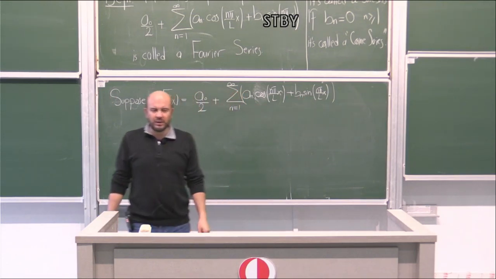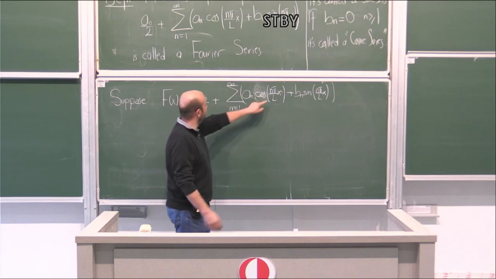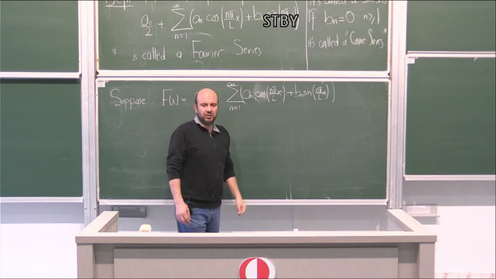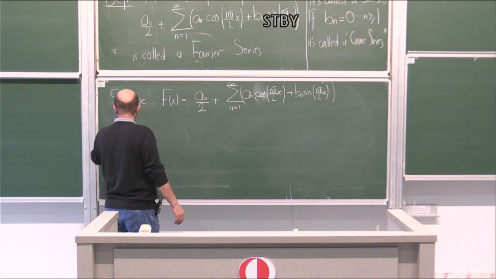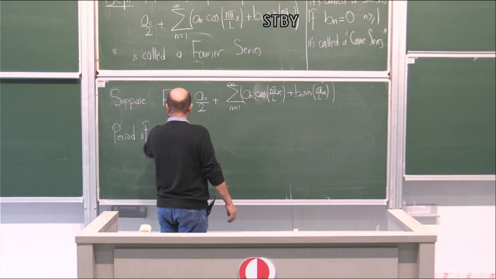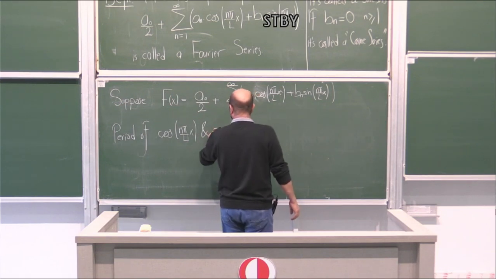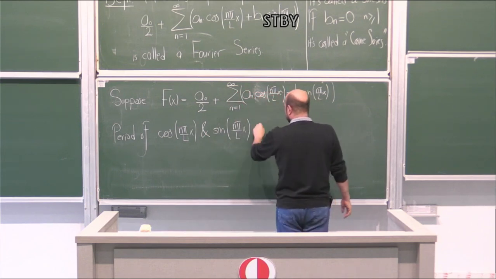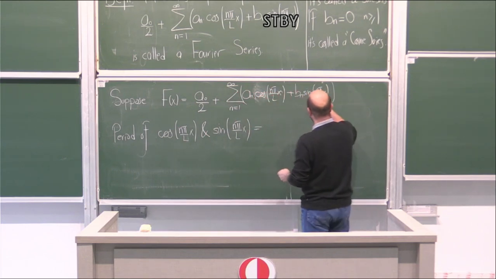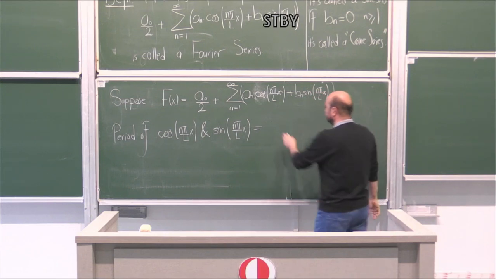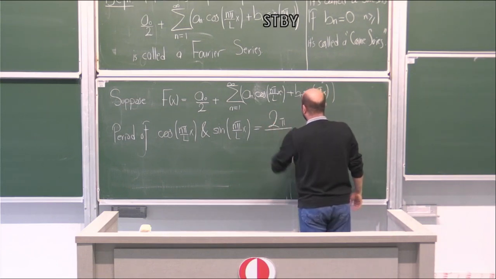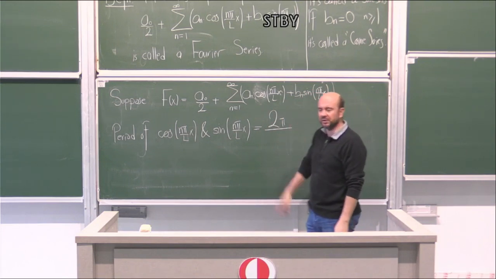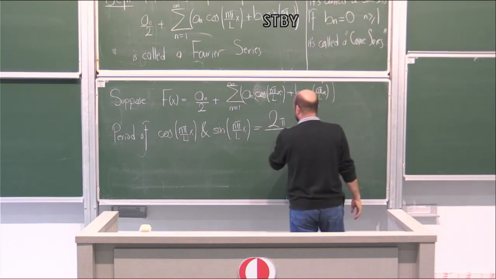So what is the period of cosine n pi over L x, and similarly for sine n pi over L x? We know the usual period, like if it were 1, it was 2 pi. So if you divide by this number, which will be basically the frequency, you get the period of these things.